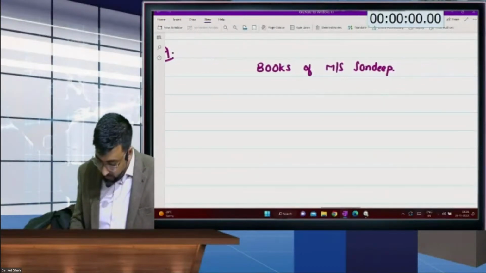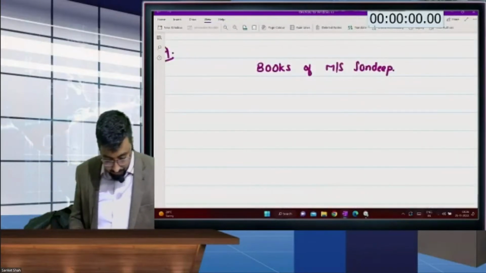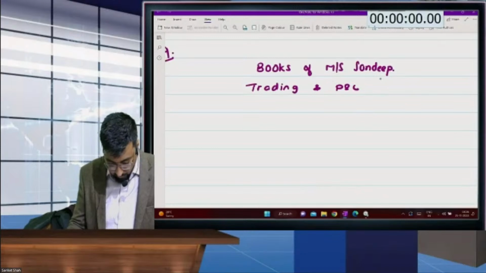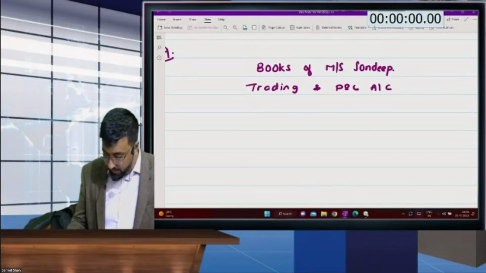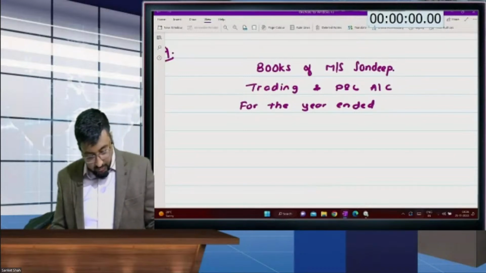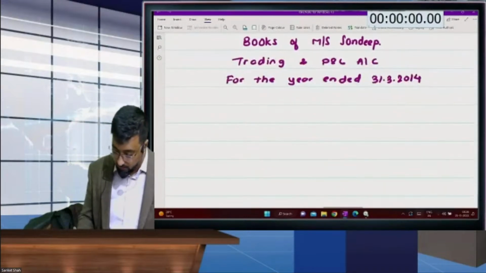Sandeep, trading and P&L account for the year ended March 2014.